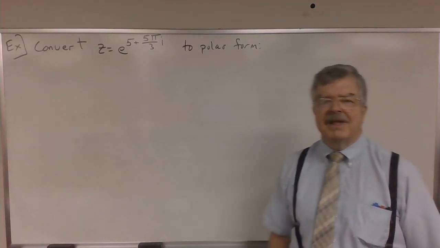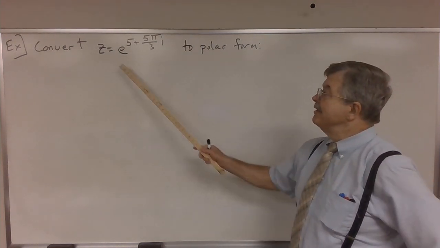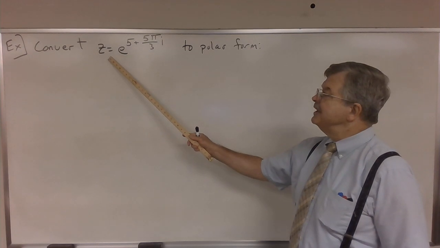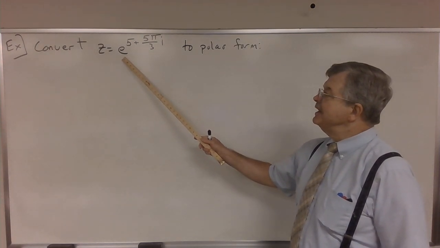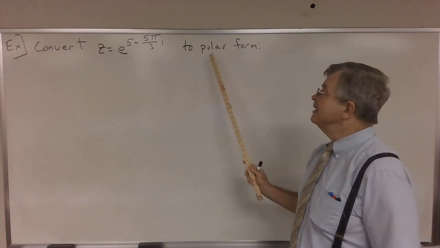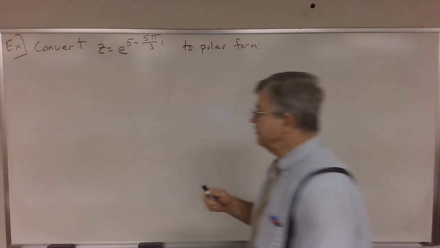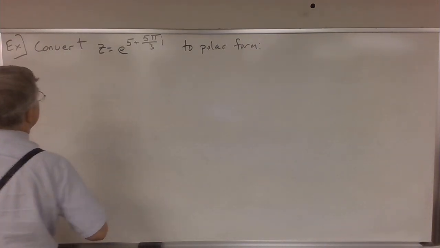Okay, example number 1. Convert the complex number z, which equals e to the power of 5 plus 5 pi over 3 i, to polar form.